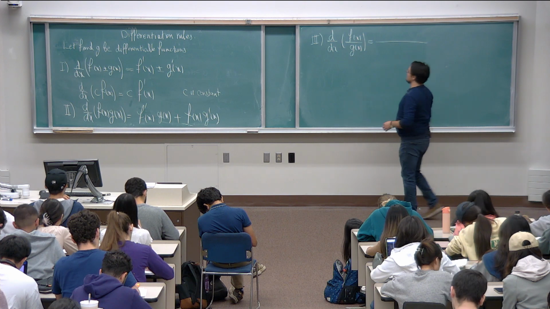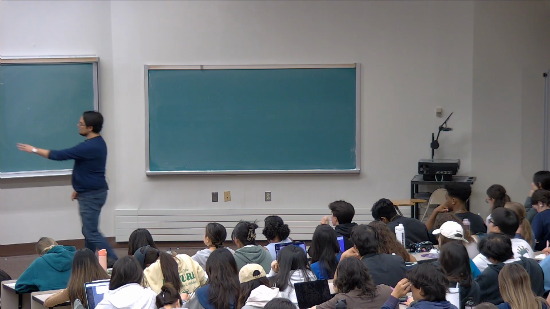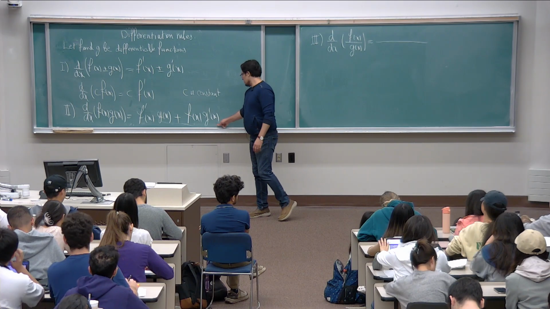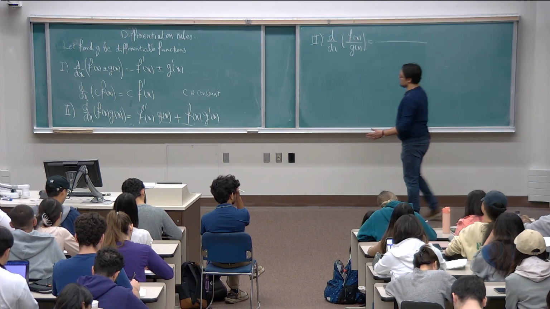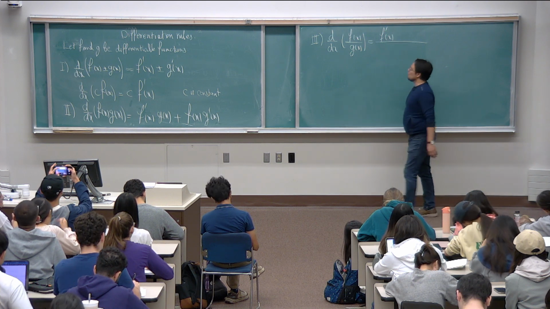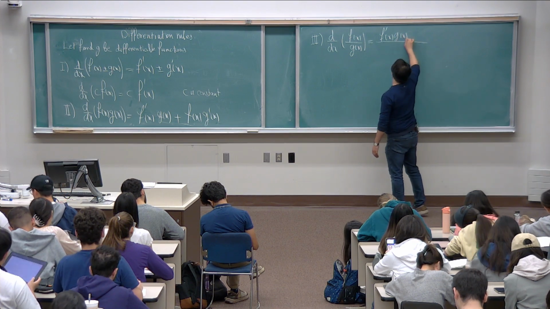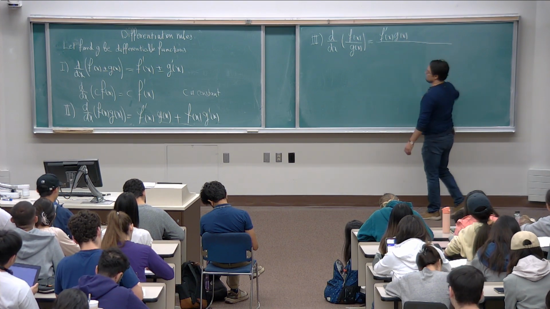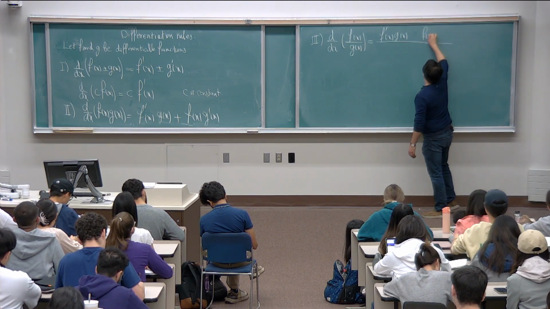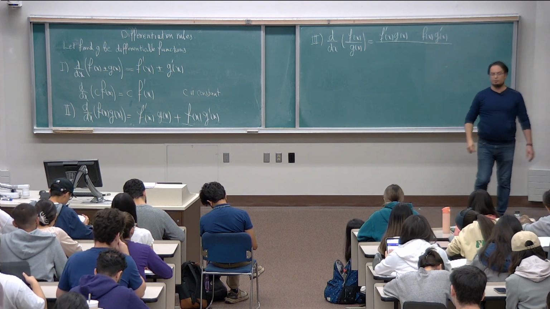The rule is a little more complicated than the other two, but it has some similarities to the product rule. It will be the derivative of the numerator times the denominator itself, as we had for the product rule, the first one, second one kind of thing, and then minus the numerator times the derivative of the denominator.